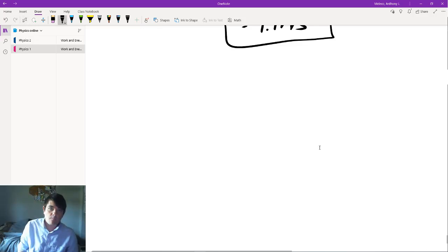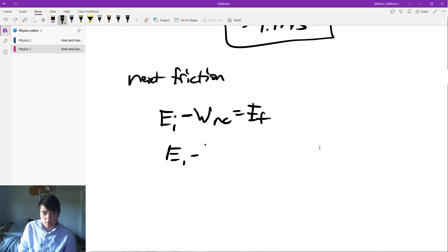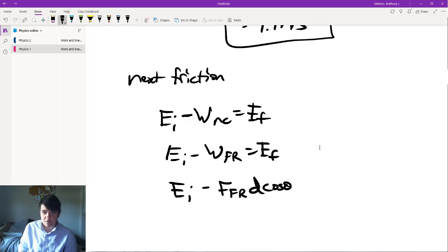Okay. So, with friction, how you do it is your equation is EI minus non-conservative work equals E final. So EI minus the work of friction equals EF. So EI, or E1, I'm using E1, E2, minus force of friction times distance times cosine of the angle, although we already did.